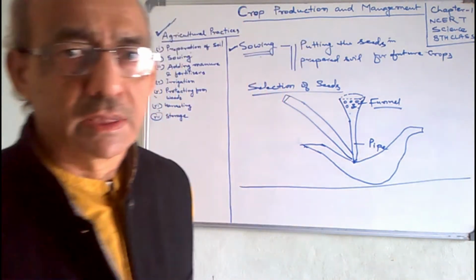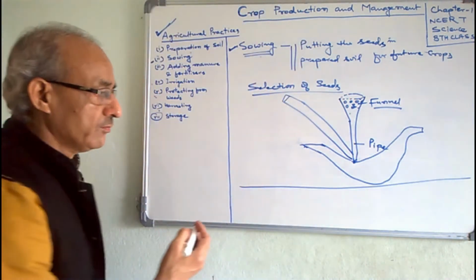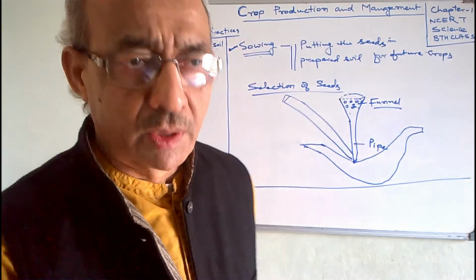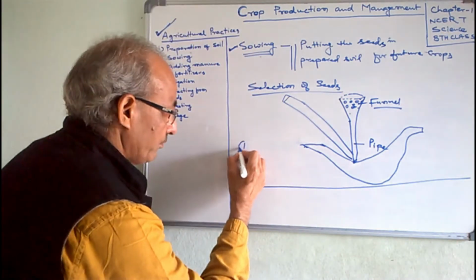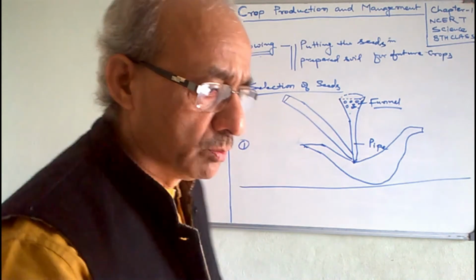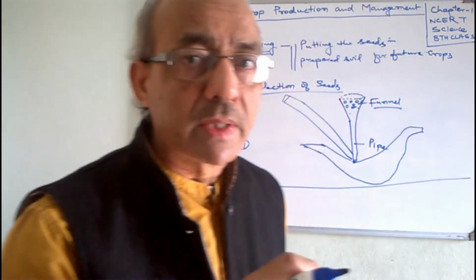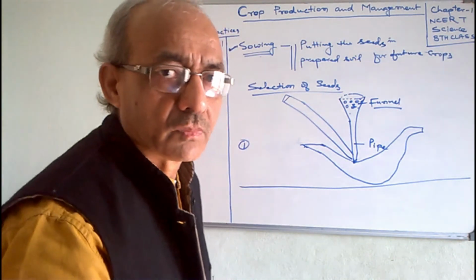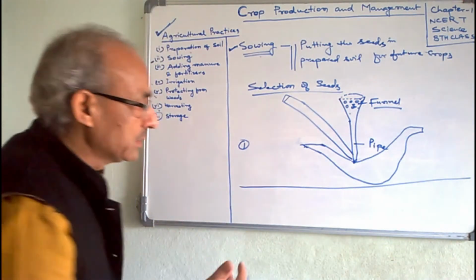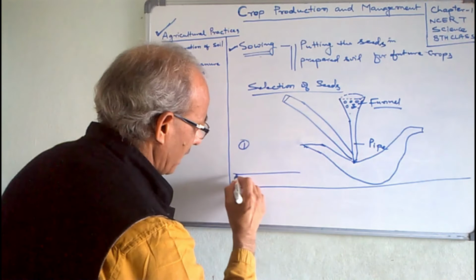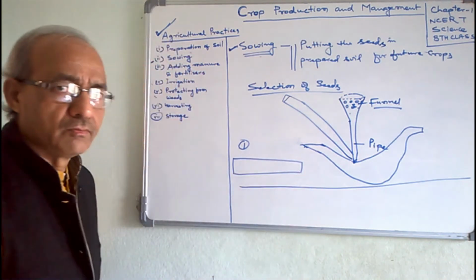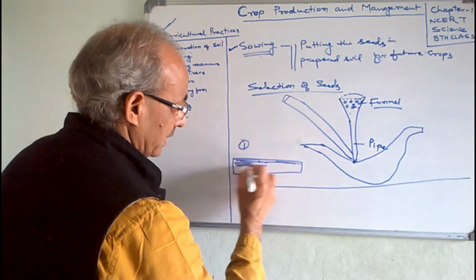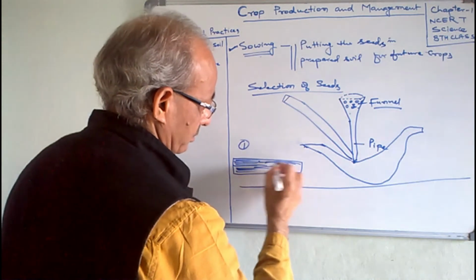Here, certain precautions. I would like to share certain precautions at the time of sowing. First, at the time of sowing, the farmer should take certain precautions. The first precaution is that seeds should be put at proper depth, and the seeds should be covered by the soil. For that, traditionally the farmers use a soil leveler. Soil levelers are made up of mainly an iron shaft and sometimes a heavy wooden shaft also.